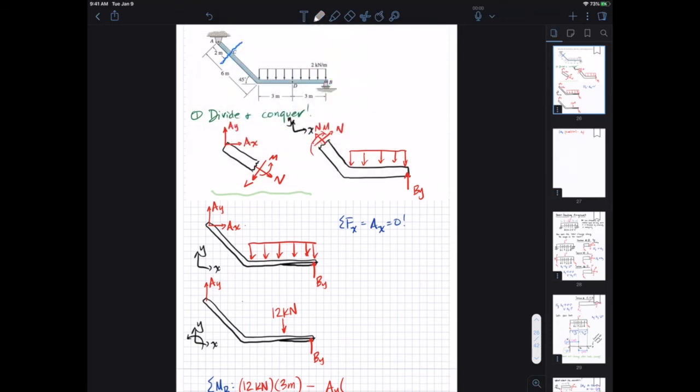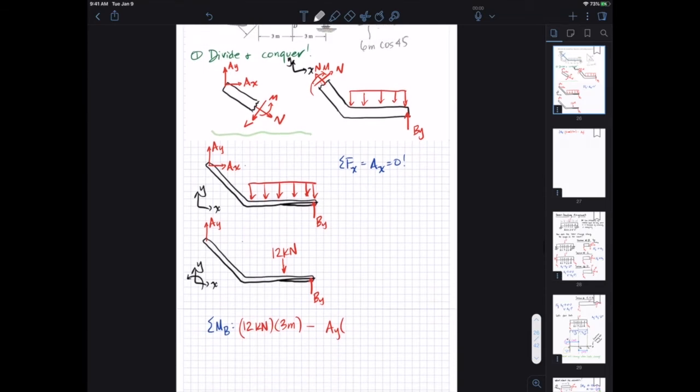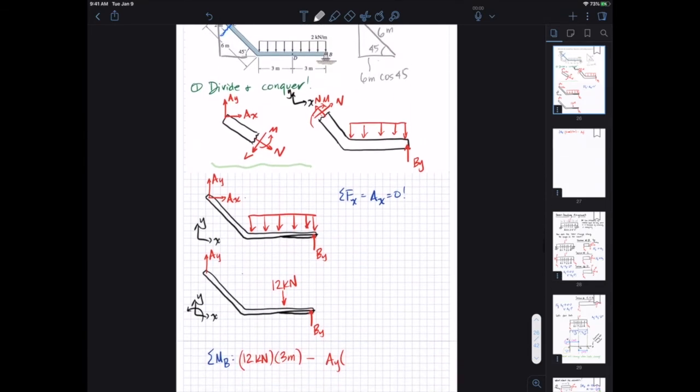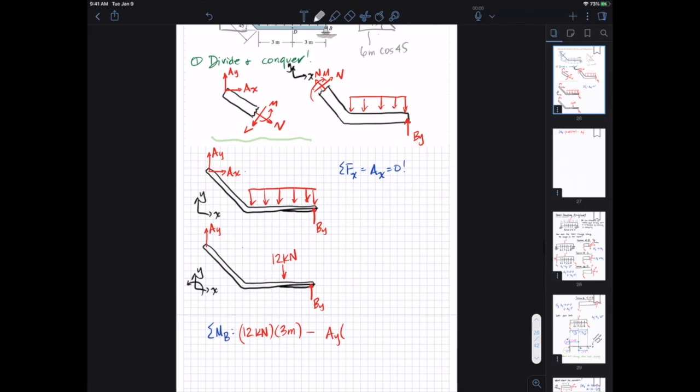Come back up to the top and we see we have this triangle, right? So this is 45, this is 6 meters. So this is 6 m cos 45, right? So that's our moment arm for that side, plus then tack on the additional 6. So AY has a moment arm of 6 meters.